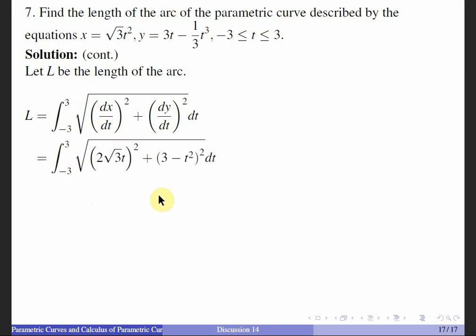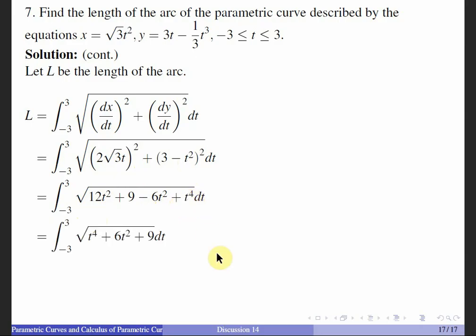So you have (2 square root of 3 t) squared plus (3 minus t squared) squared. So I kept the original derivative form since it's easier to square and expand. Okay, so let's simplify. So you have square root of quantity 12 t squared, and then binomial expansion, 9 minus 6t squared plus t to the fourth dt.